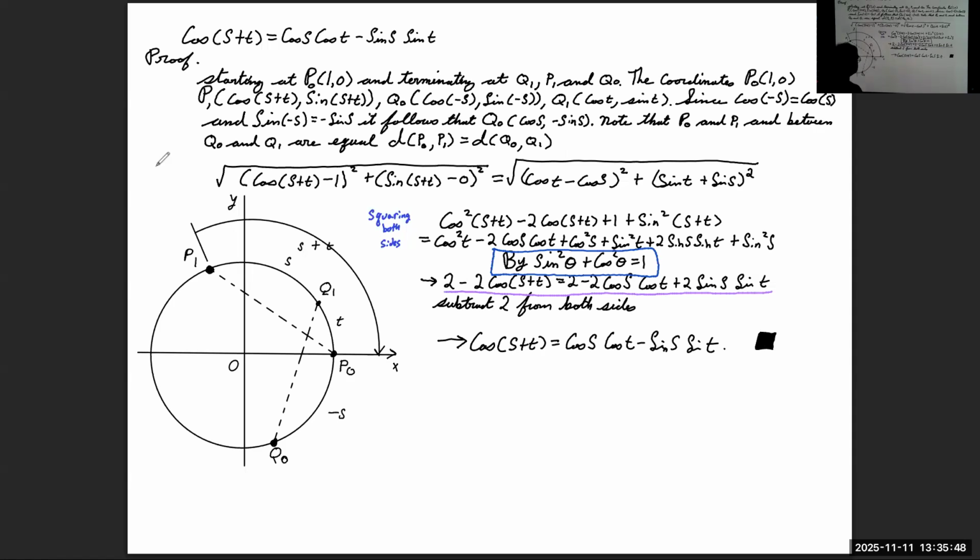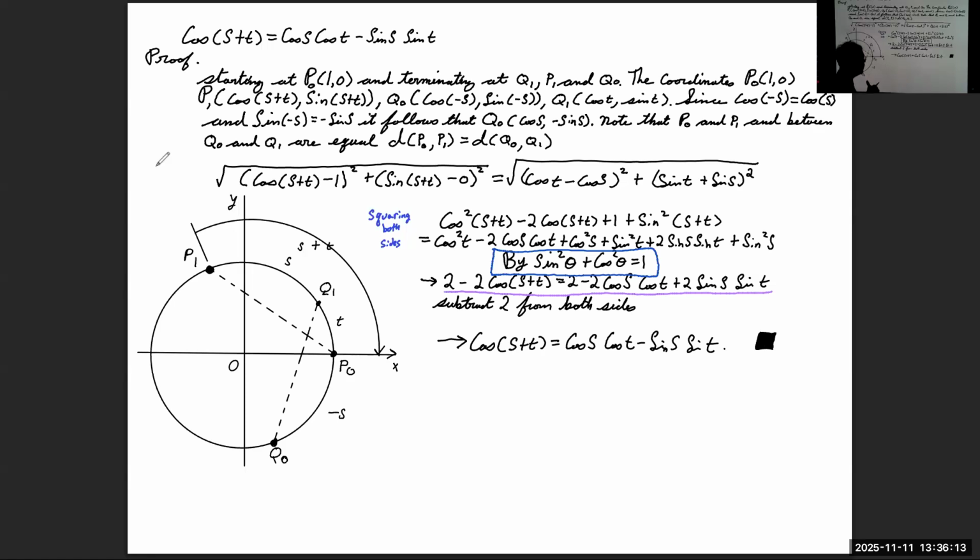2 minus 2 cosine of s plus t equals 2 minus 2 cosine s times cosine t plus 2 sine s times sine t. Doesn't look like much, does it? What is my goal? My goal is to have a formula or expression that I can have addition of angles and cosine.